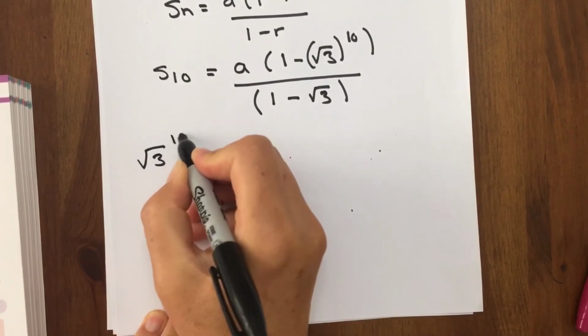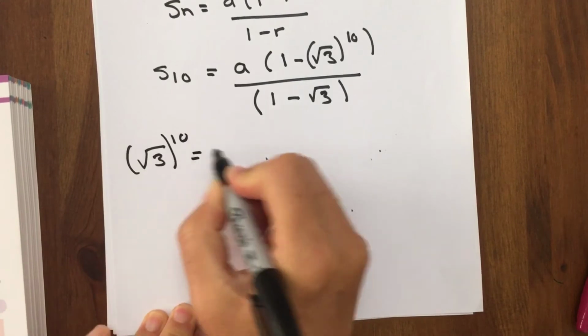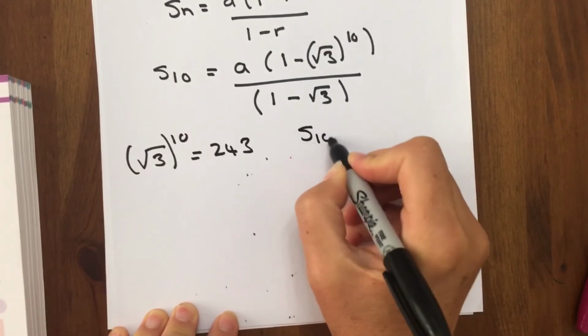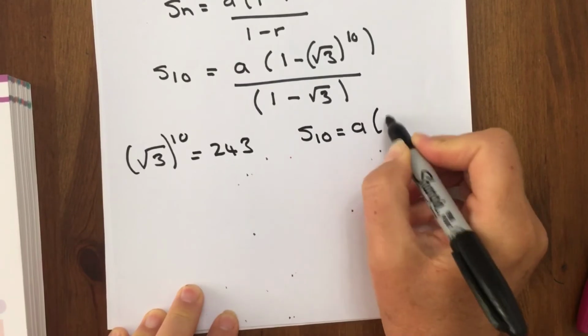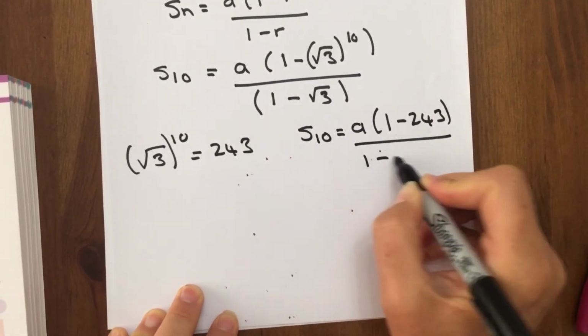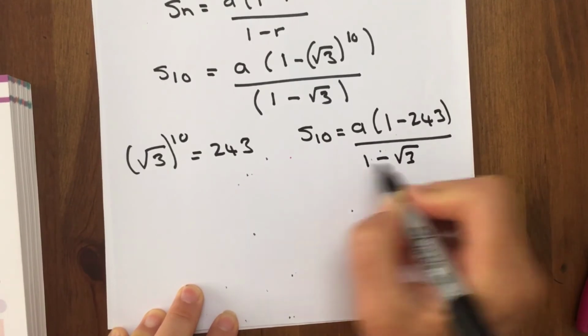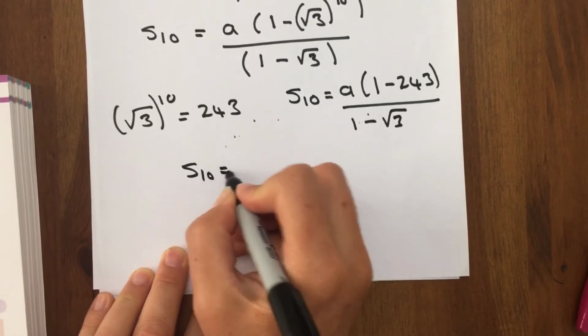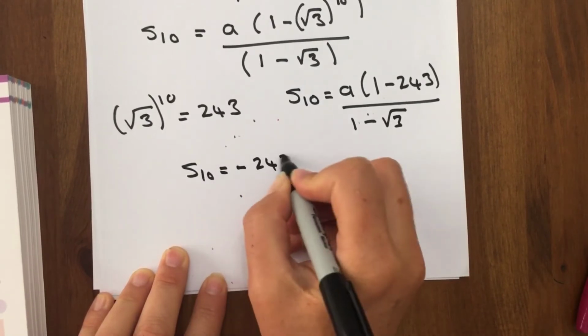So if I put that on my calculator, I get 243. Okay, so I'm now going to put this into here and see what I get. I'm just going to simplify the top and I will get this.